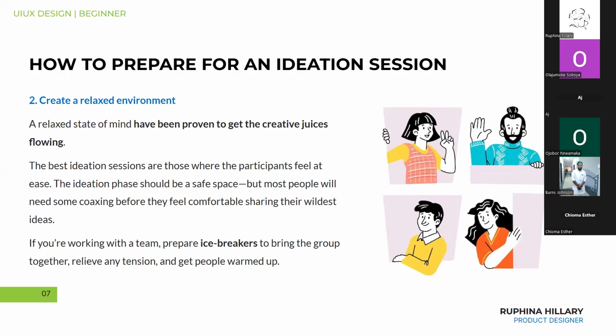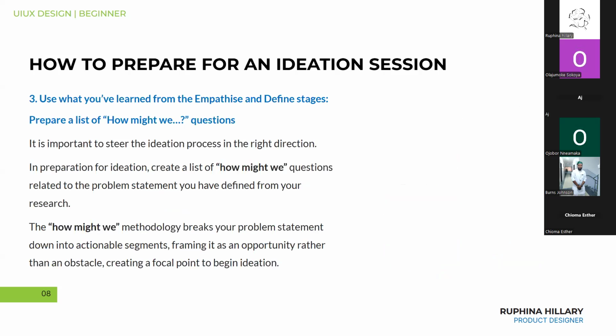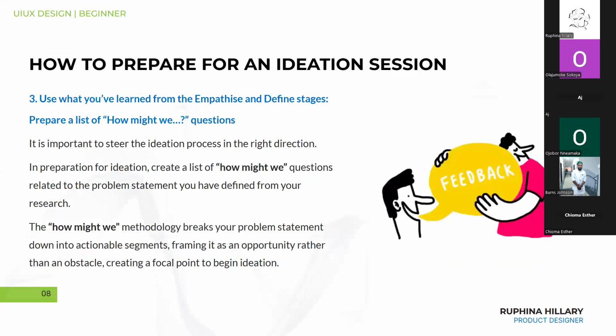So after we have gotten the right environment, made it relaxed, and made everybody comfortable to get their creative juices flowing, we're now going to use what we have learned in the empathize and define stages and prepare a list of how might we questions.